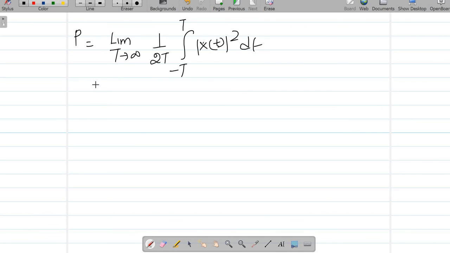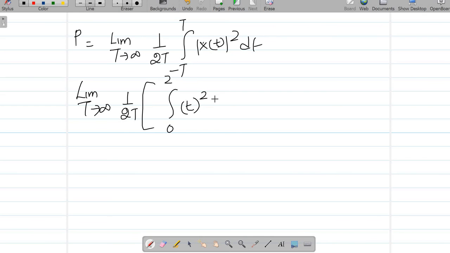Now let us try to substitute. So limit t tending to infinity 1 by 2t, so you have 0 to 2 of t squared plus 2 to t of 2 squared dt.